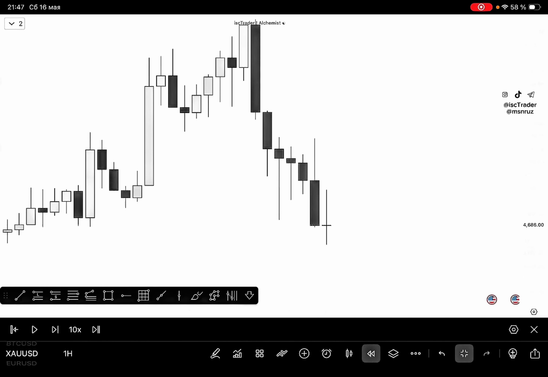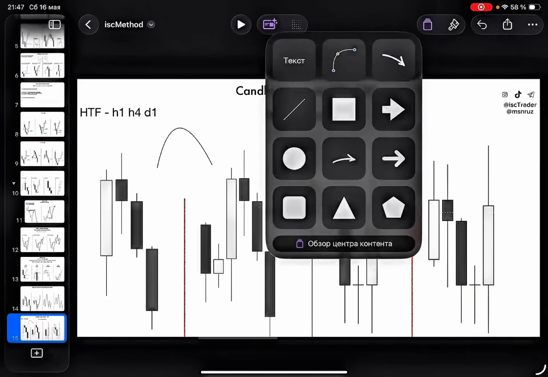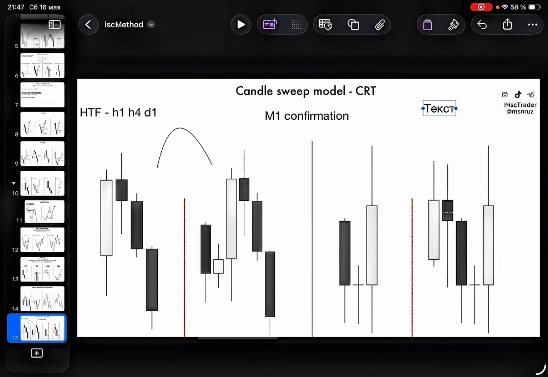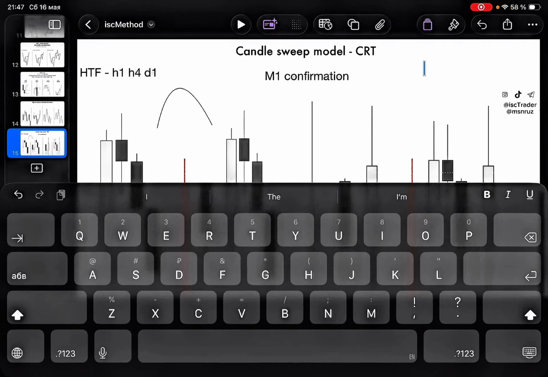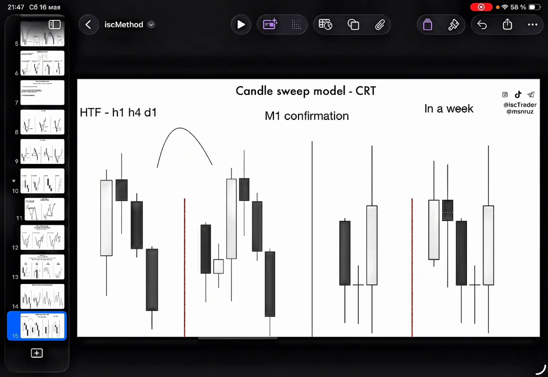Look, a situation like this can happen once or twice every single week. Such situations might not happen often.